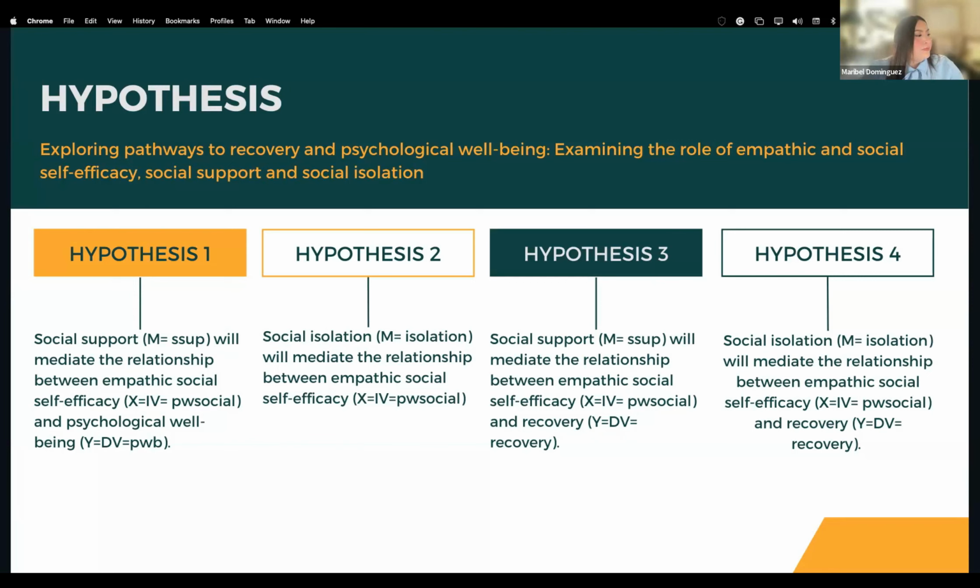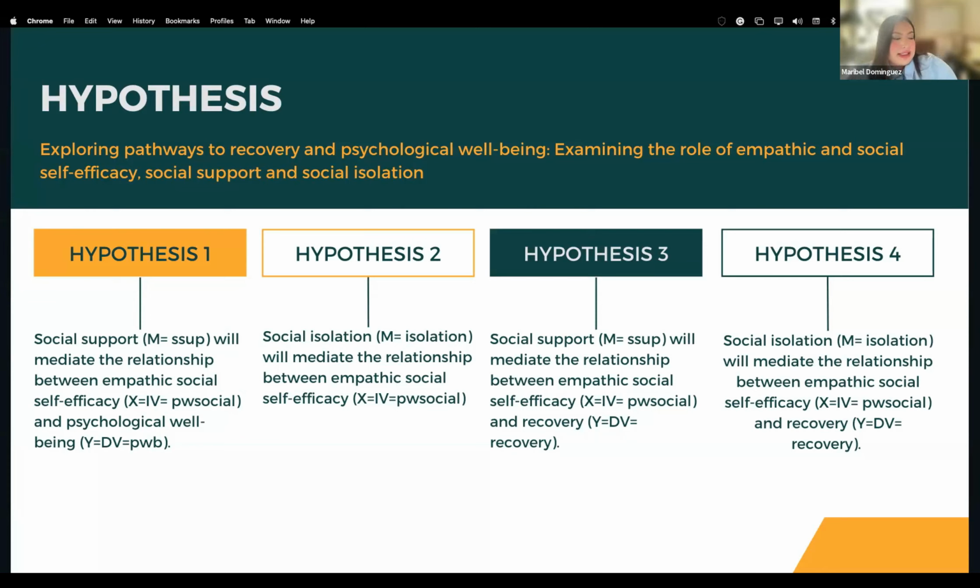The first hypothesis is focused on social support as a mediator. Social support would mediate the relationship between empathic self-efficacy and psychological well-being. The second hypothesis is focused on social isolation as a mediator of the relationship between empathic self-efficacy and recovery.